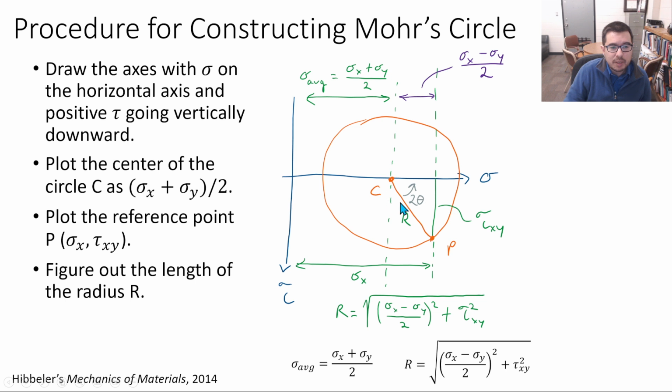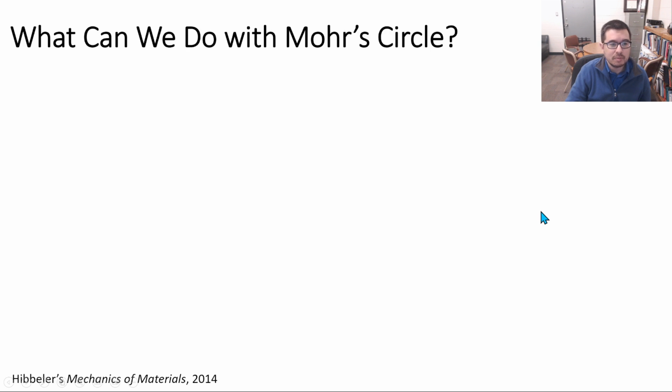Before we get into how to use this 2 theta, which does correspond to the rotation of a material element, so foreshadowing, and there's a 2 there, but before we do that, let's just talk a little bit about what we can do with Mohr's circle.